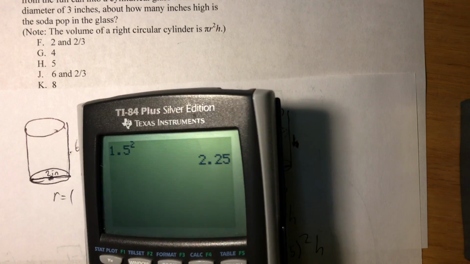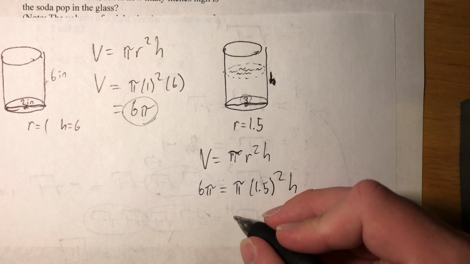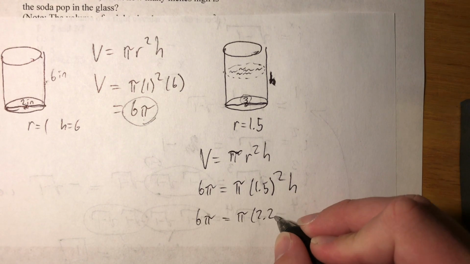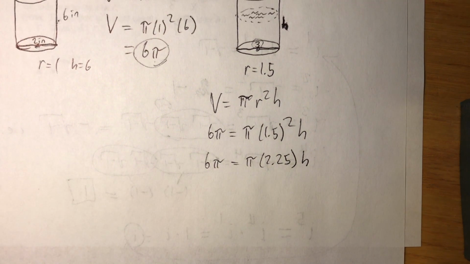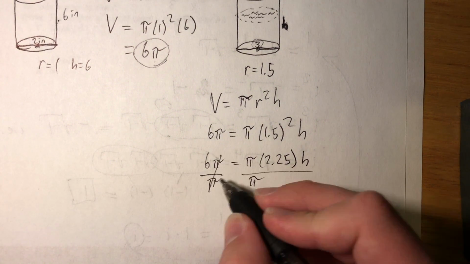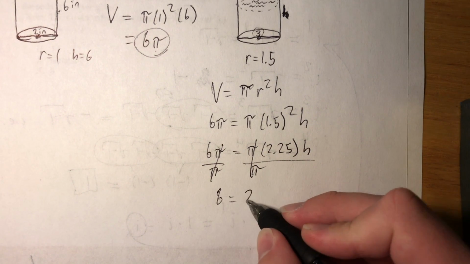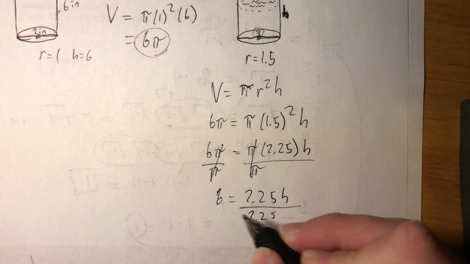Oh, 2.25. That's a nice number. So we get 6 pi equals pi times 2.25 times h. We're solving for h. Let's divide by pi on both sides and just get rid of it. So now we have 6 equals 2.25h. Let's divide by 2.25 on both sides.